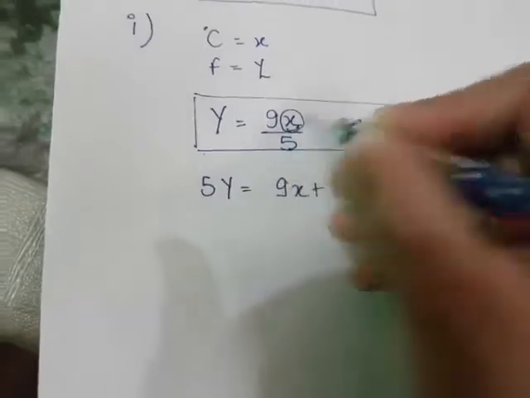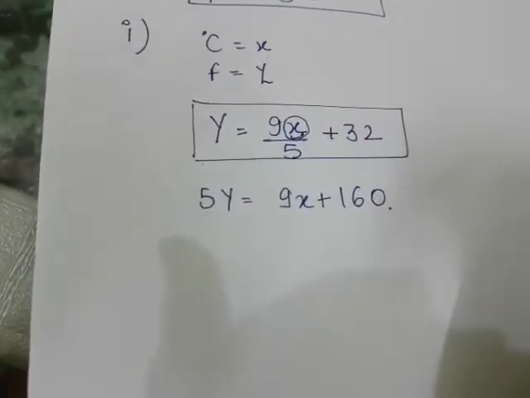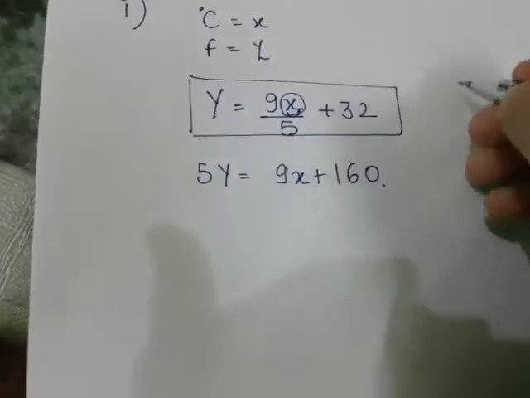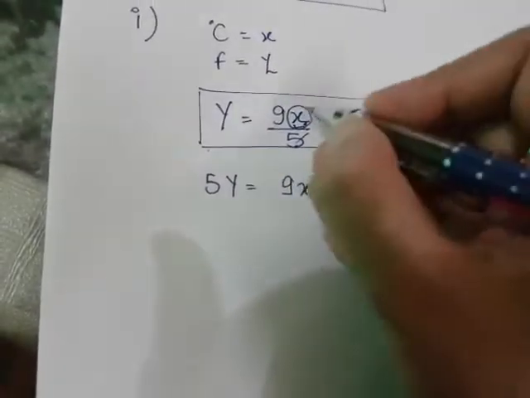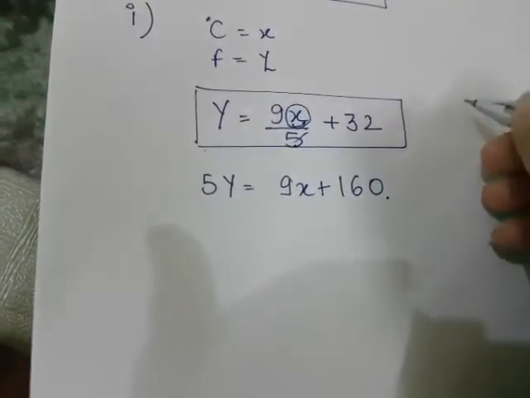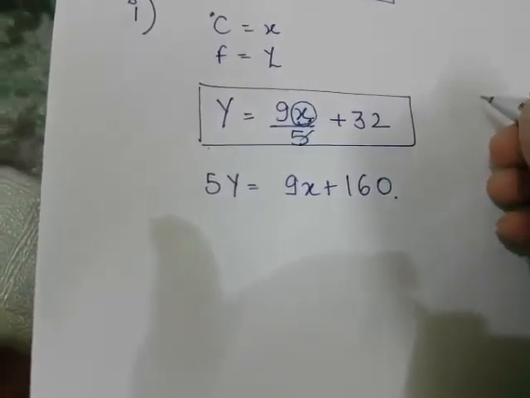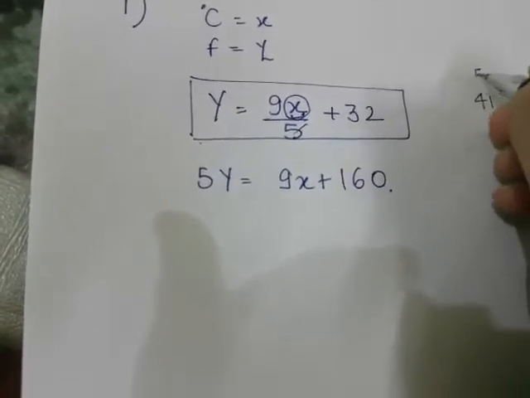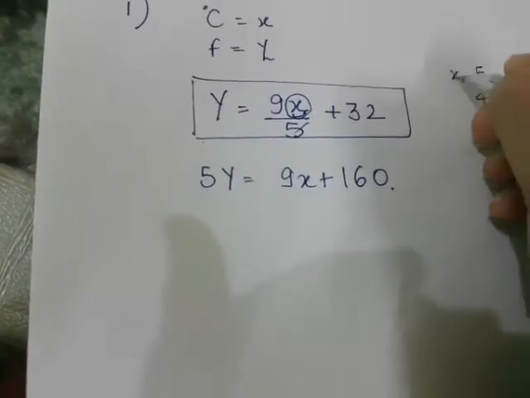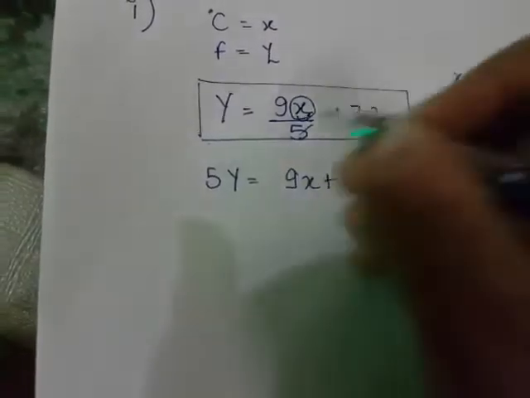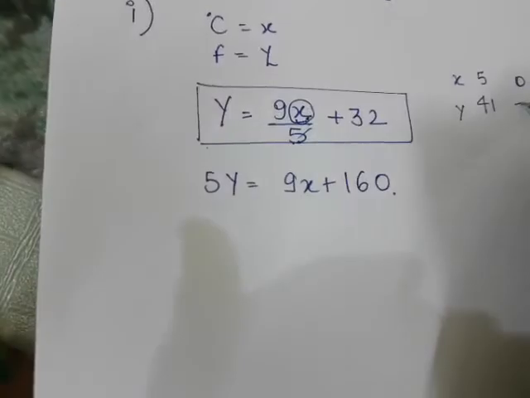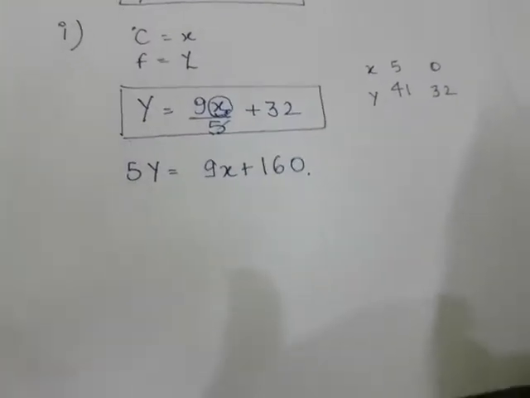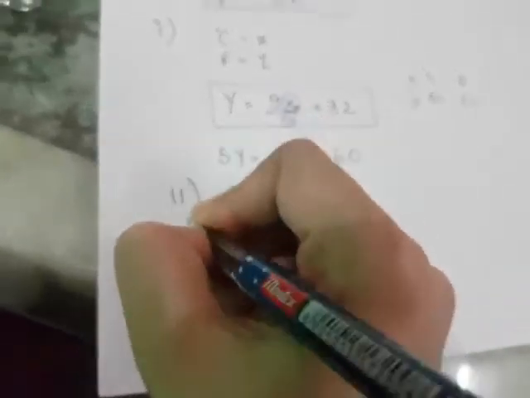If we take x values in multiples of 5, it will be much easier for you. Suppose the first value you take is 5, so 5 will cut, and 9 plus 32 is 41. So if the x value is 5, the y value will be 41. Or you can take 0: 9 upon 5 into 0 will be 0, so it will be 32. Like this you can draw the graph. It's not hard.